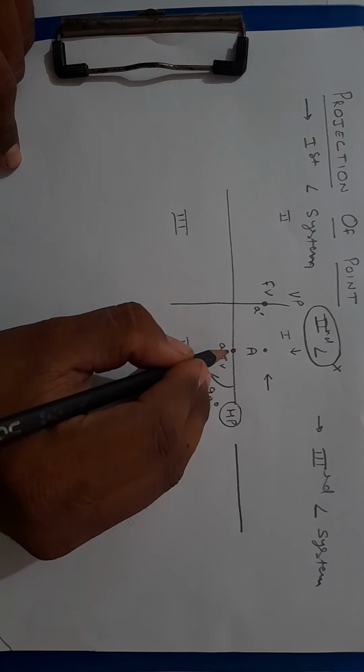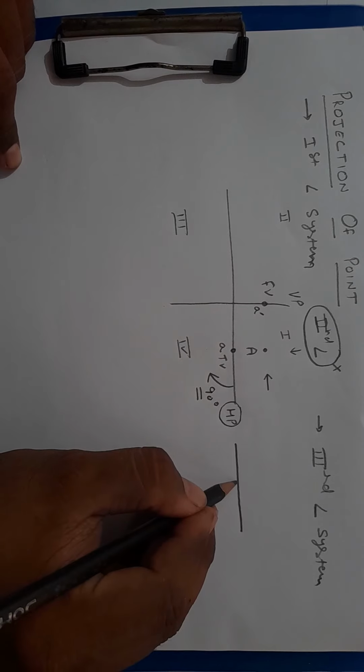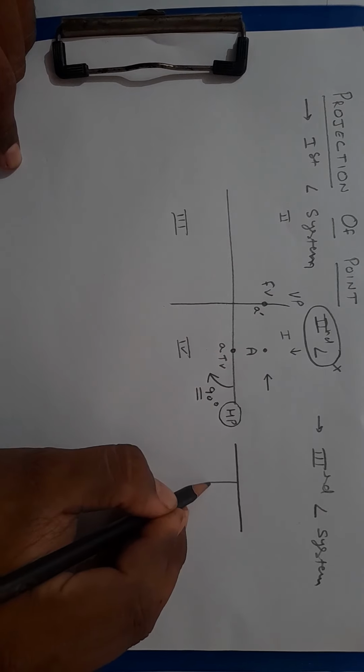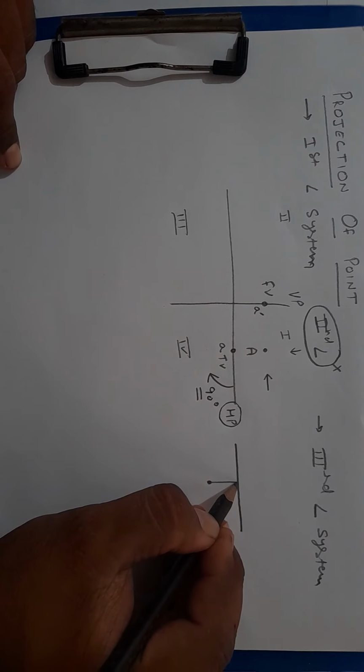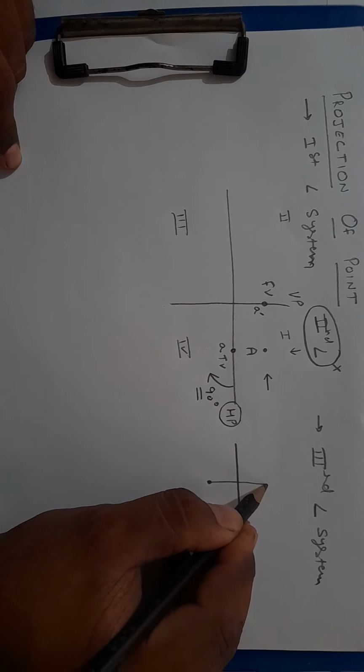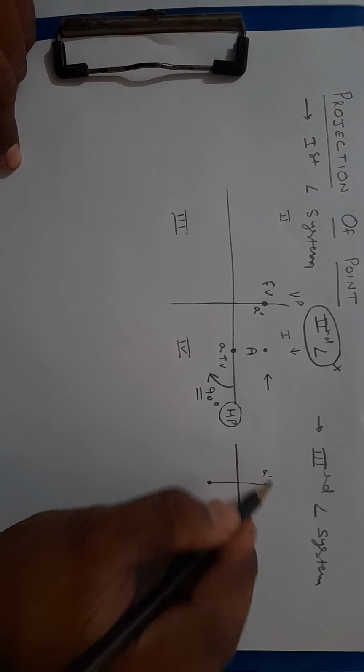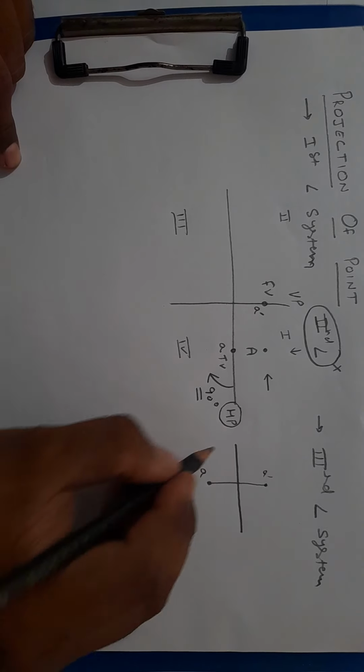Then this top view will be over here. We can measure the distances, and this is the front view. We can plot it over here. This is A dash, this is A.